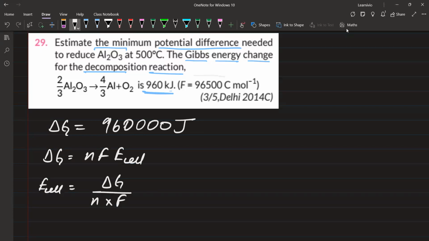We have been given the value of F. How to calculate the number of electrons? Look at the change in oxidation state.